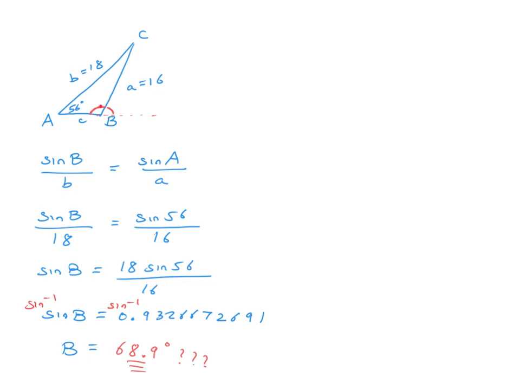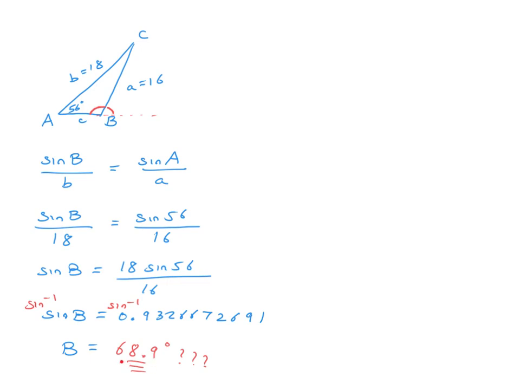So when your angle is greater than 90 degrees and you use sine inverse, it's not giving you the angle you want, but it's giving you this other angle over here. It means it's very easy to solve for the correct angle because the sum of these two angles is 180 degrees. So for this problem, you just have to watch out for this.